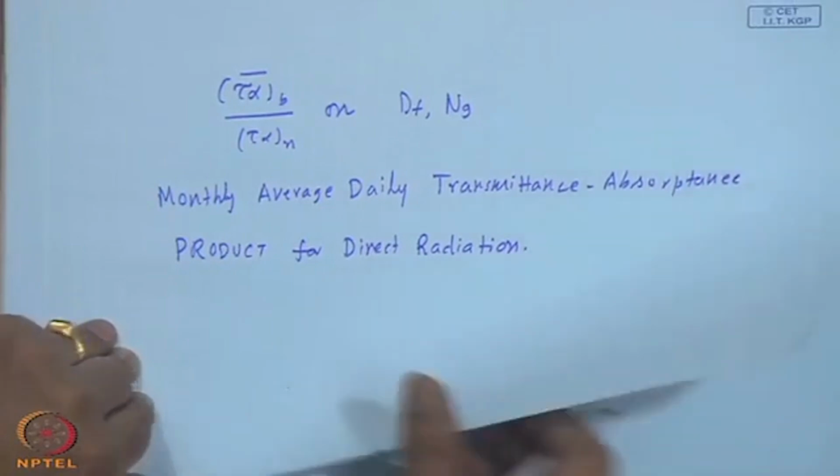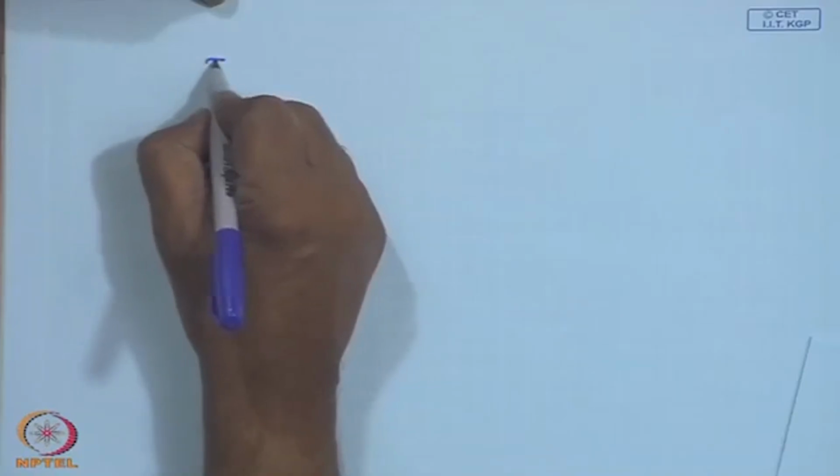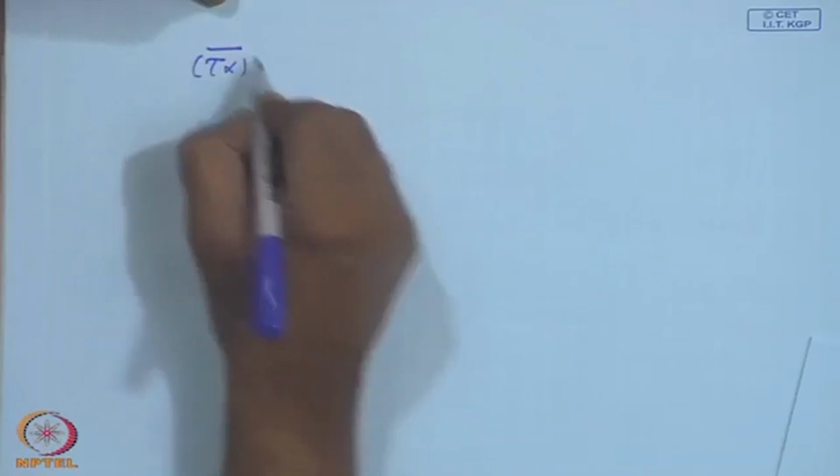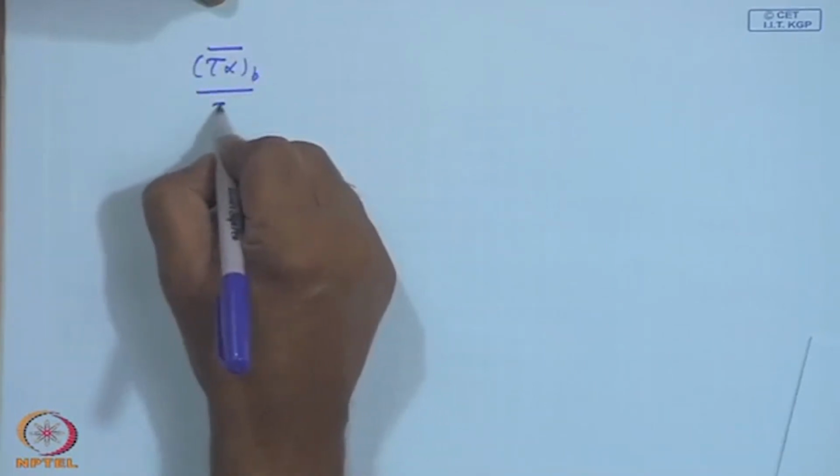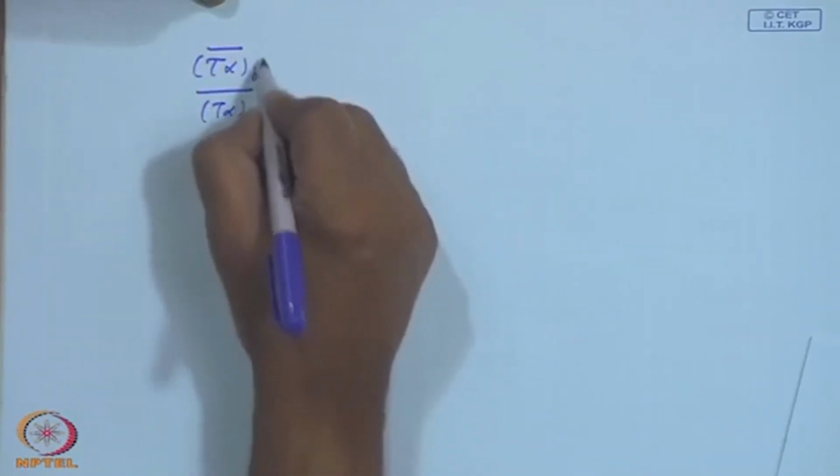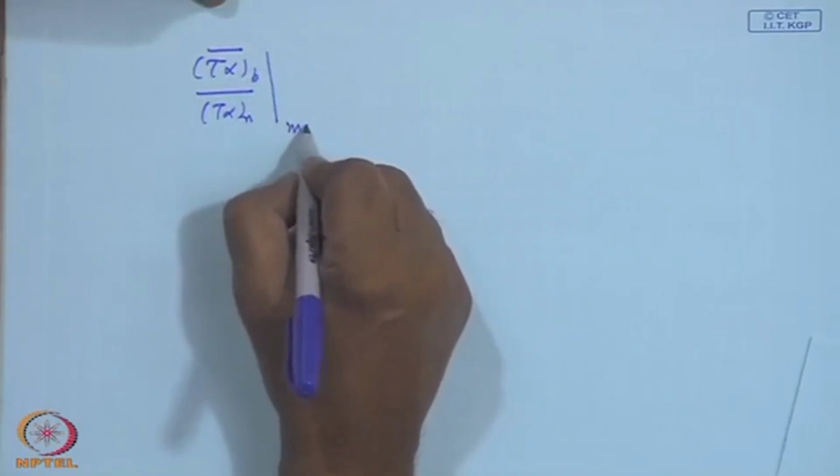In other words, if I may say so, we want tau alpha bar b by tau alpha normal for the month.